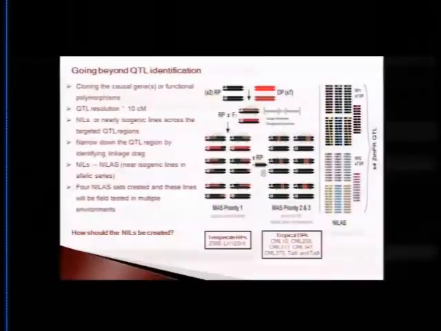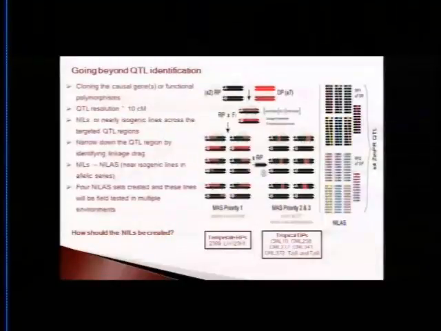So in NILs in allelic series, different donor alleles come from different genetically diverse donor parents at the same loci.